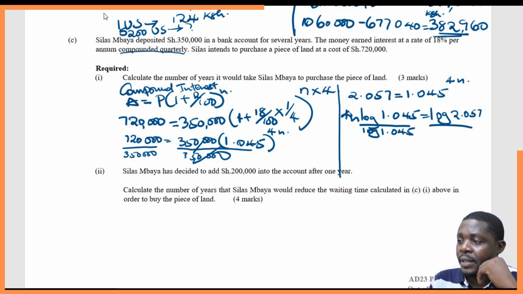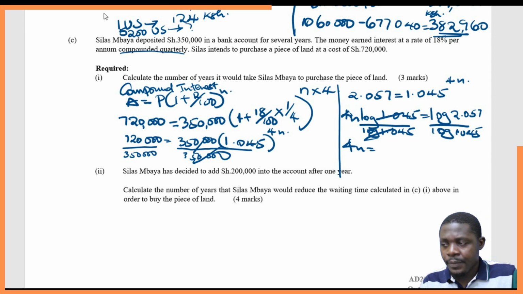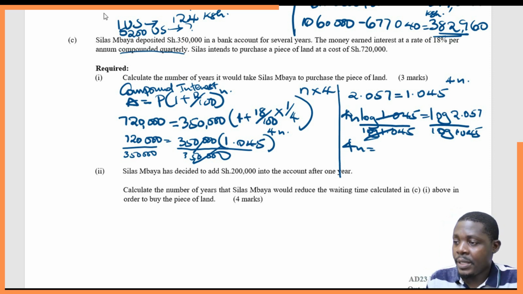We divide this side by log 1.045, and we also divide by log 1.045. Remember, this one and this side can go. We have 4n is equal to log 2.057 over log 1.045. Use a scientific calculator: log 2.057 will be 0.3132.